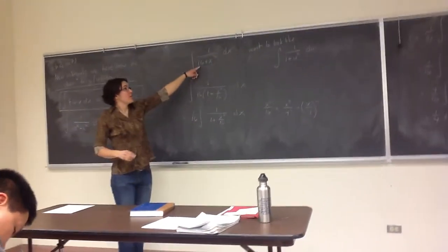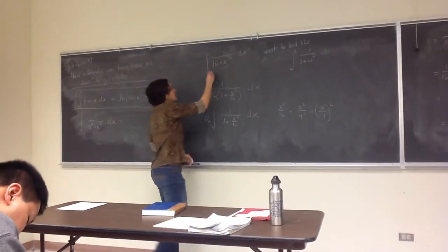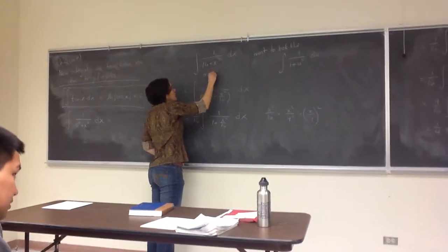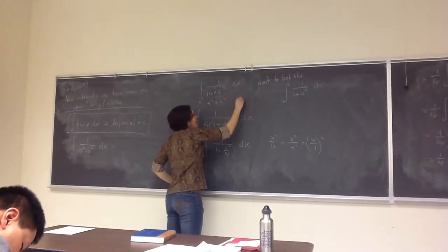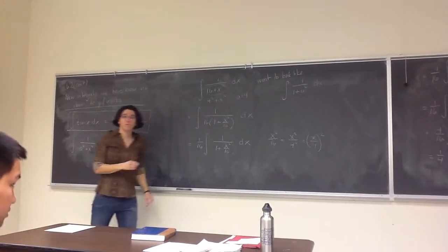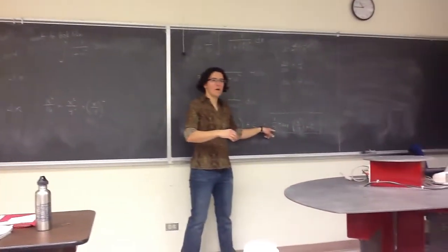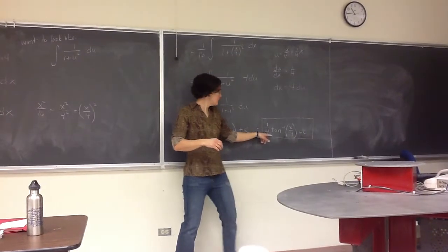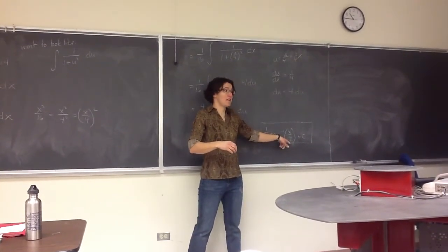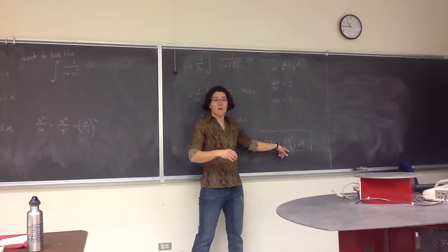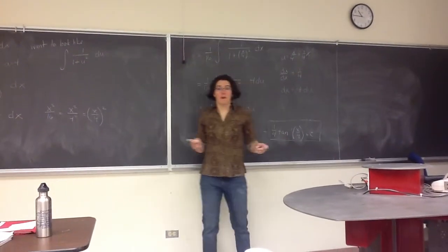And think about that for this form up here. Up here, this was like writing 1 over 4 squared plus x squared, so our a value is 4. And take a look at what our final answer was. Our final answer was 1 over that a value, arctangent of x over that same a value. And so that's actually going to work every single time.